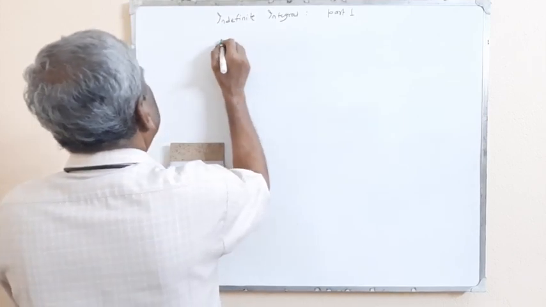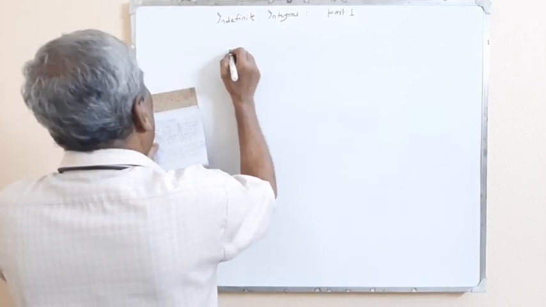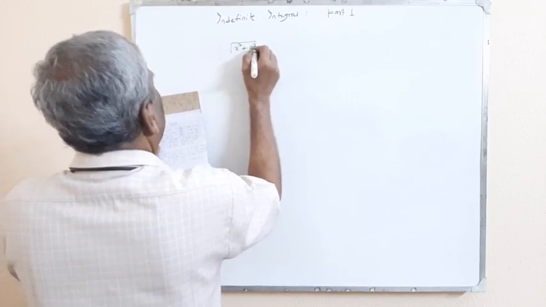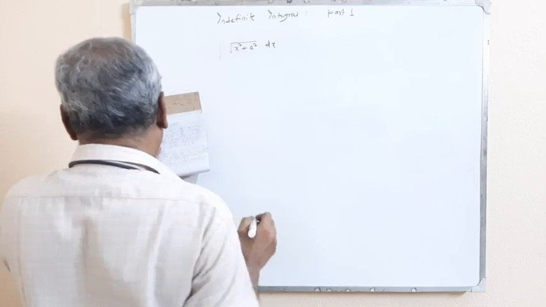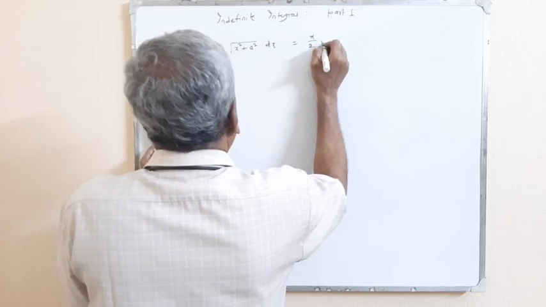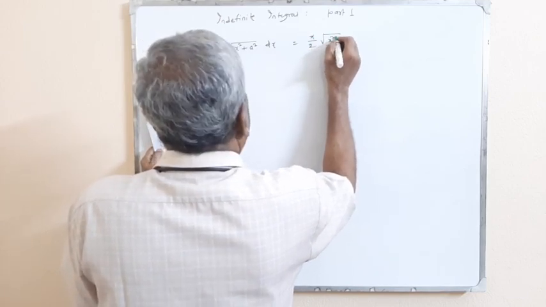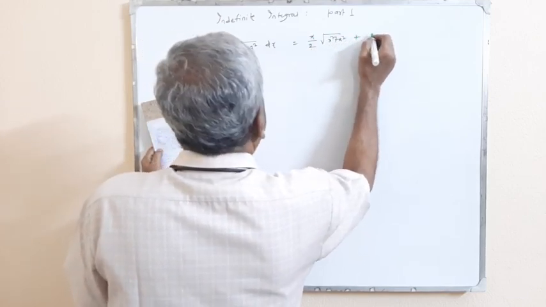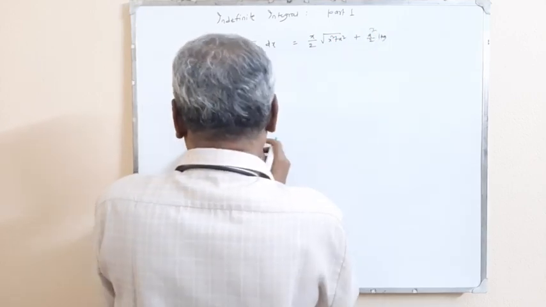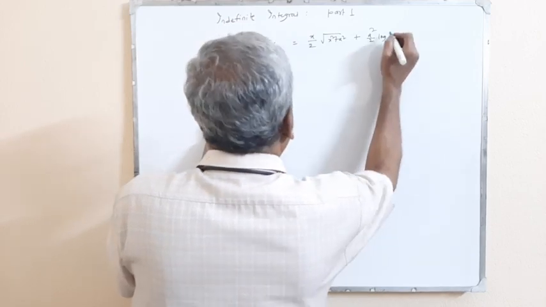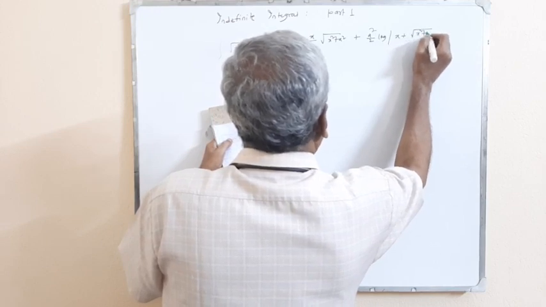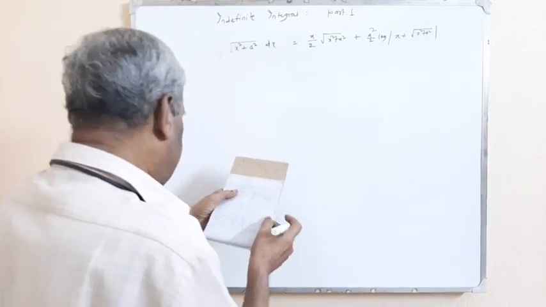Now the same type almost, but in the numerator. The integral of root over x square plus a square dx is equal to x by 2 into root over x square plus a square, plus a square by 2 log of x plus root over x square plus a square, of course plus c.